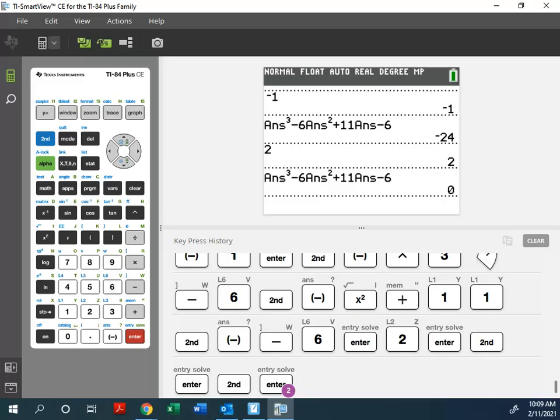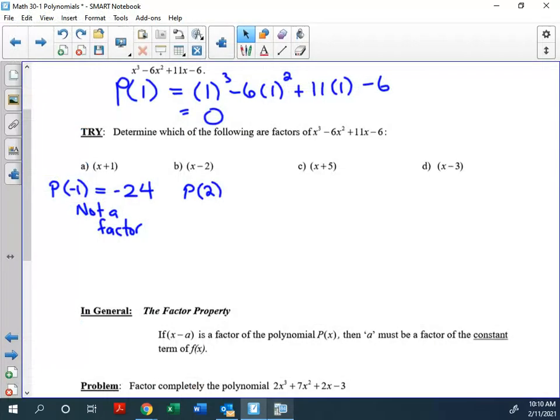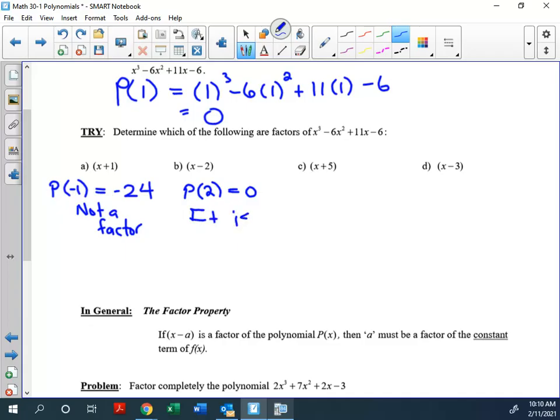So instead of retyping it over and over again, this is a little shortcut. I got a remainder of 0. What does that tell me? It is a factor. You are the father. Did anybody ever watch Maury Povich? Yeah. So you are a factor.